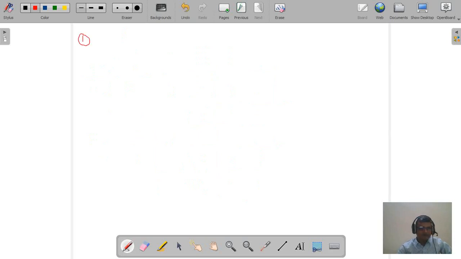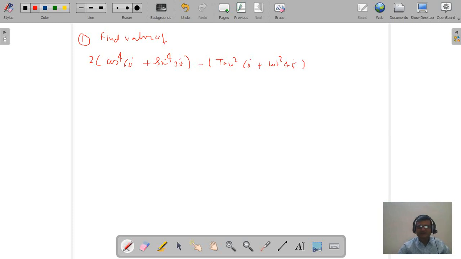Question number 1: find the value of twice of cos to the power 4 60 degree plus sine to the power 4 30 degree, minus tan square 60 degree plus cot square 45 degree plus 3 sec square 30 degree.